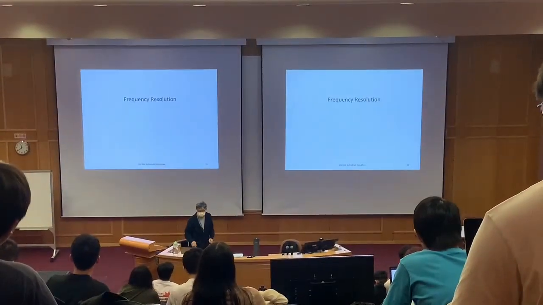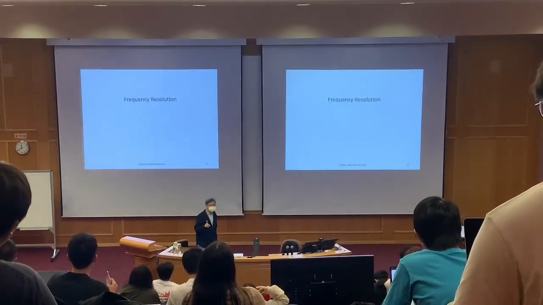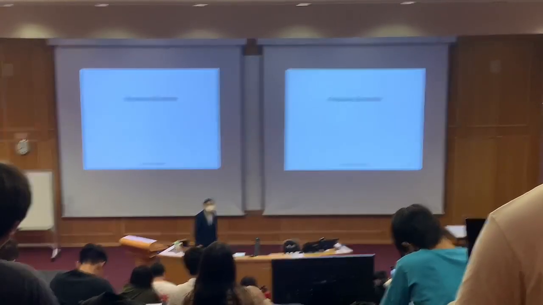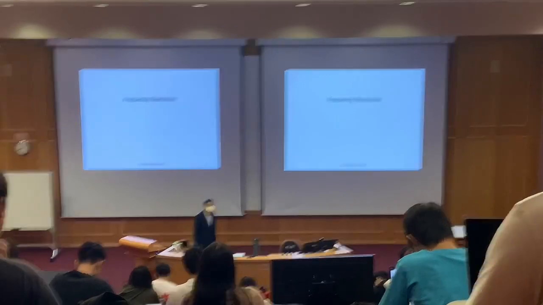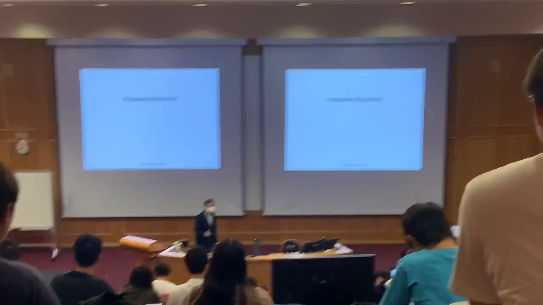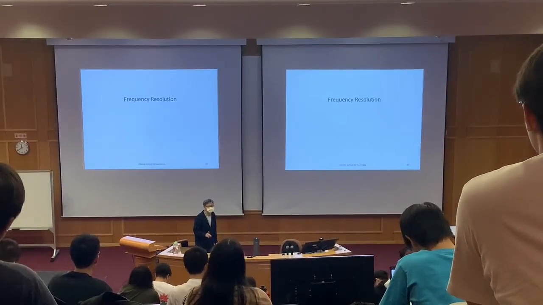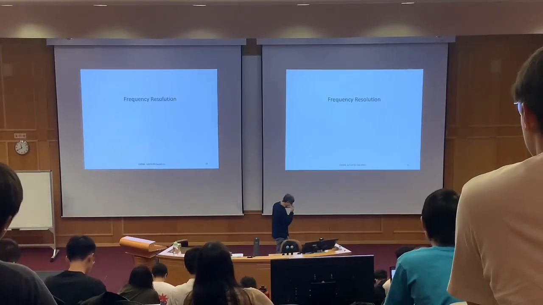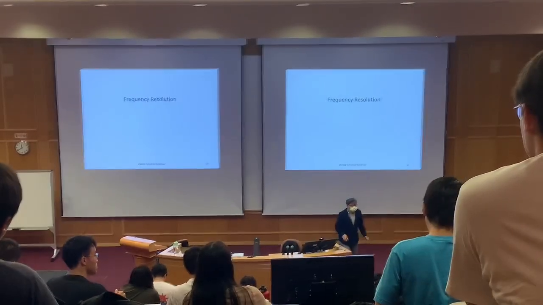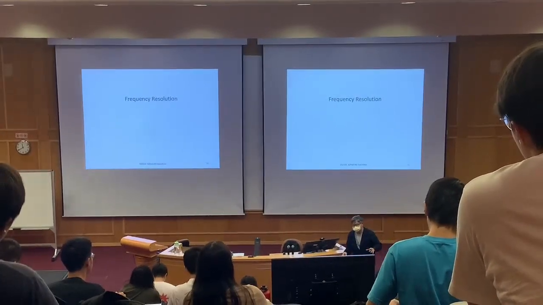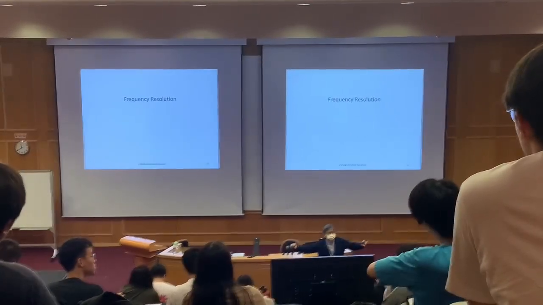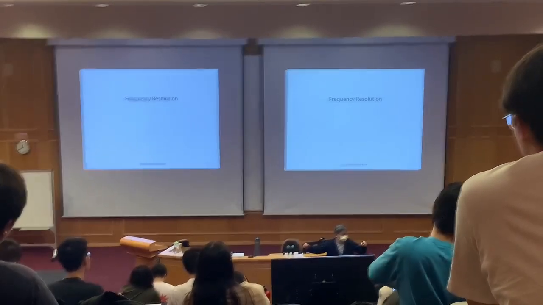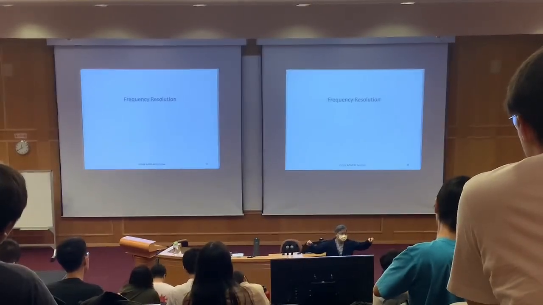With that, the next item is frequency resolution. I don't think we have much time to go very deep, but I'll give a preview first. Just now in the time domain, every gap is a delta t, let's say a 1 millisecond interval.